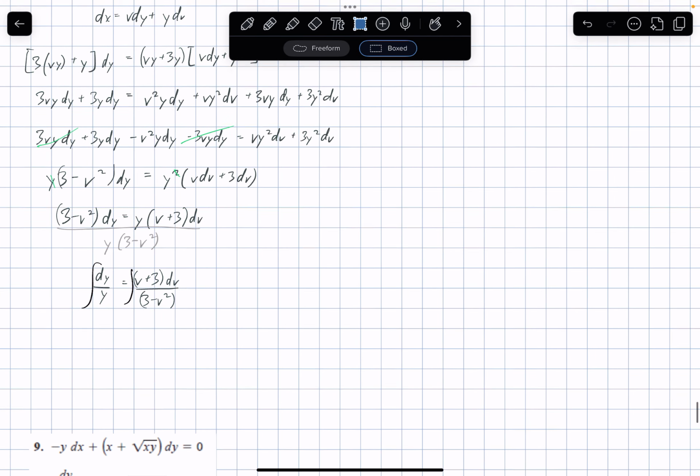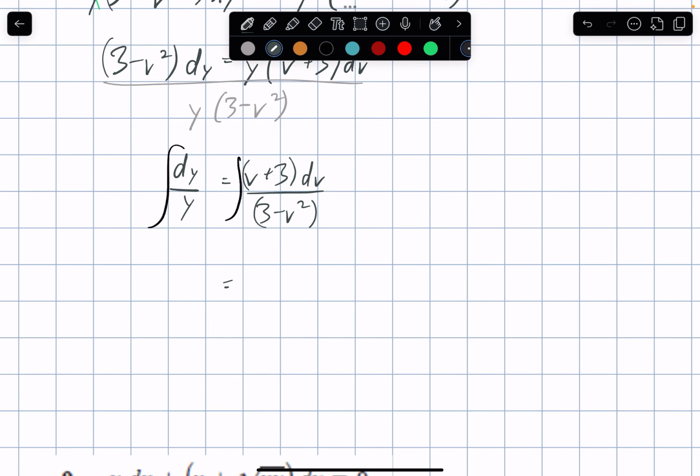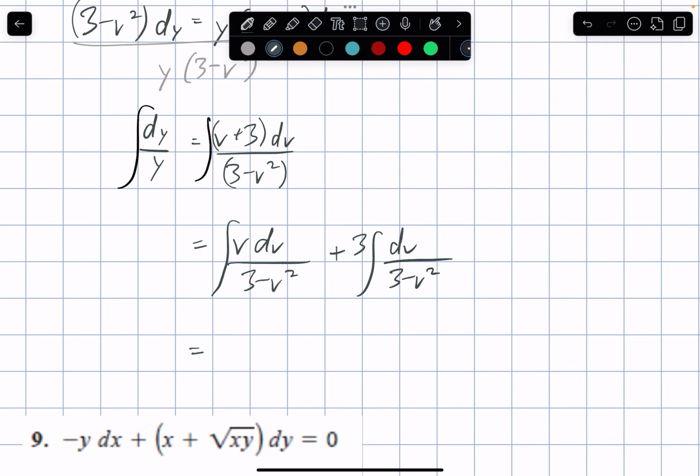Okay. Du is equal to negative 2v dv. Negative 1/2. Wait, du. If u is equal to 3 minus v squared. ln u. U is 3 minus v squared.